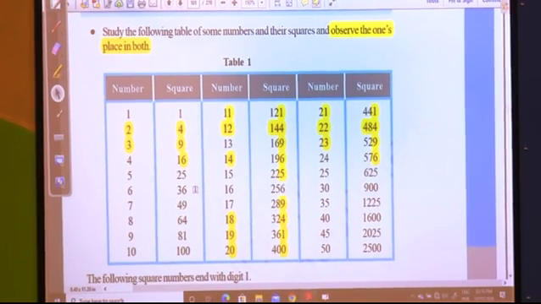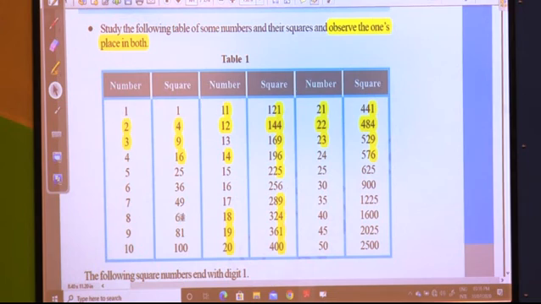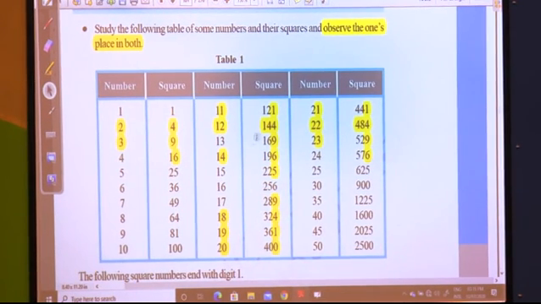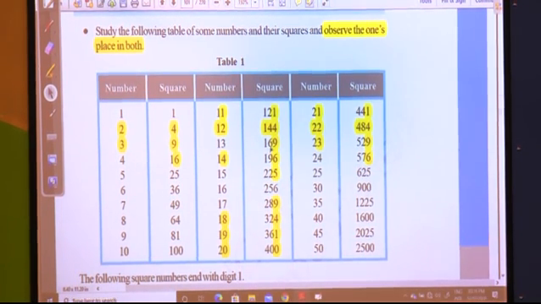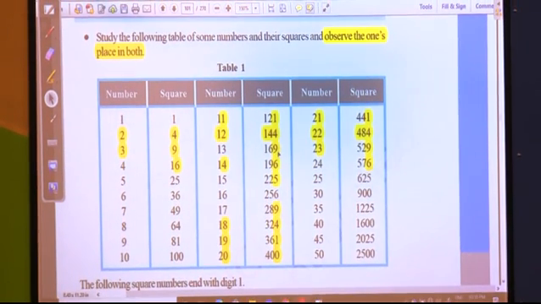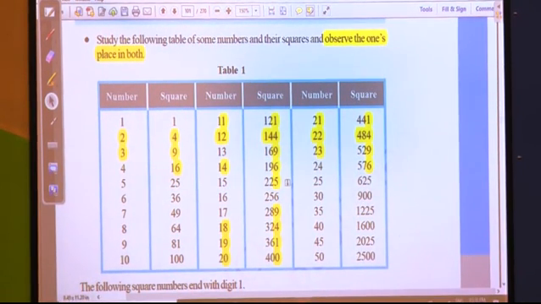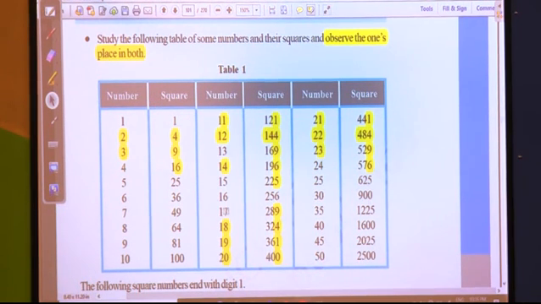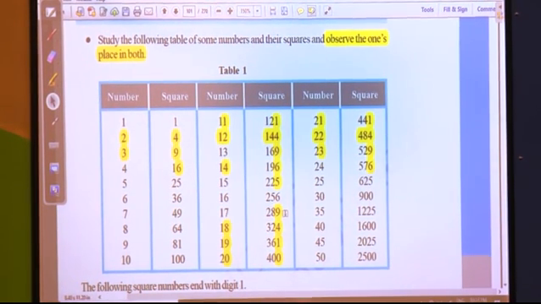6 square is 36, 7 square is 49, 8 square is 64. Let us come to the third and the fourth column. 13 odd number, square 169, odd. 15 odd number, square 225, odd. 17 odd number, square 289, odd.